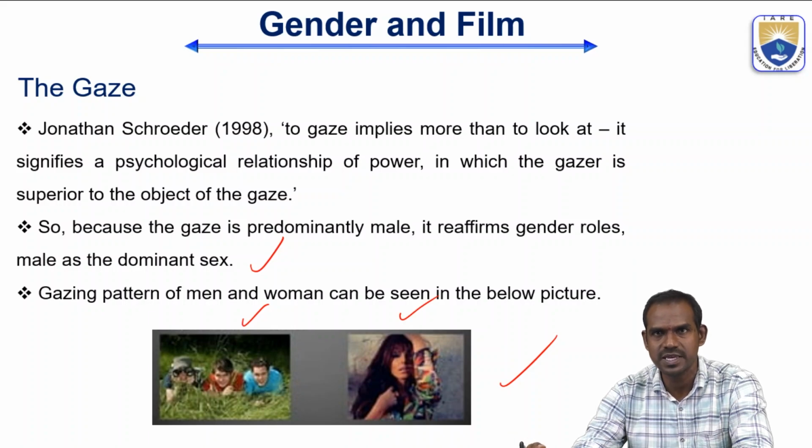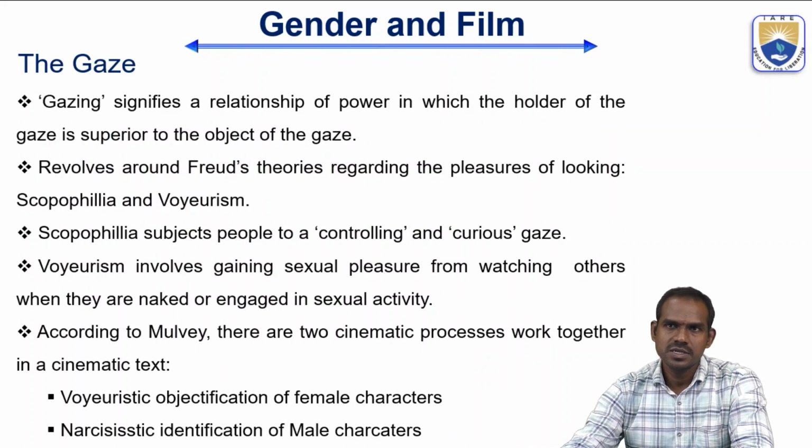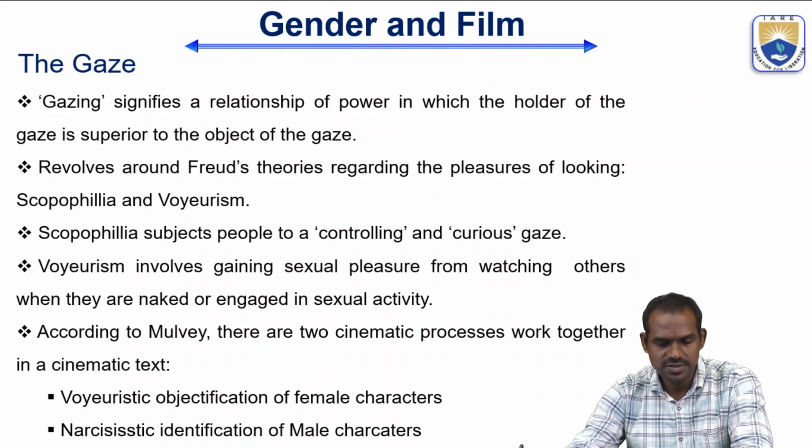Sometimes women will play somewhat more dominant roles than men. Many films are coming like that. And the next continuation of the gaze is: gazing signifies a relationship of power in which the holder of the gaze is superior to the object of the gaze. That is what I said just now.